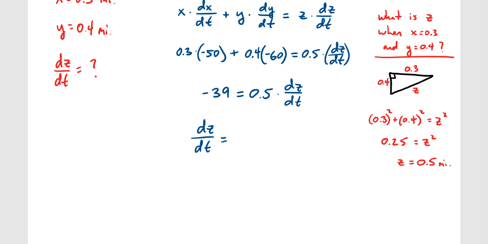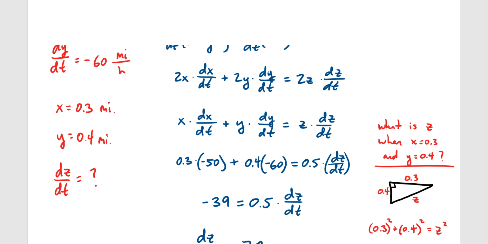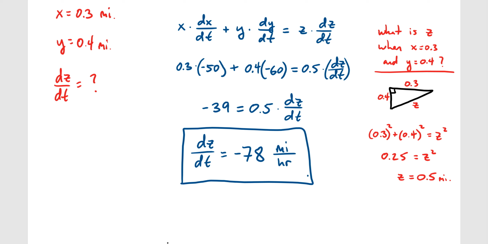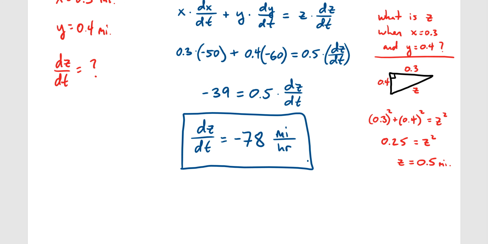Negative 39 divided by 0.5, we get negative 78. So dz/dt should be in miles per hour. The cars are approaching each other at negative 78 miles per hour. Once again, it is negative because the distance is getting smaller. The cars are getting closer together. Okay, so that is it for this chapter.